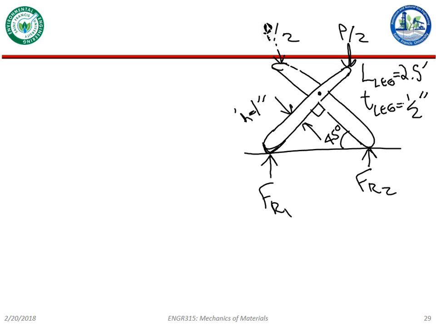So, where do we start? Labeling forces. All right, so what forces do we have to label? So right now we have a free body diagram of the entire system.